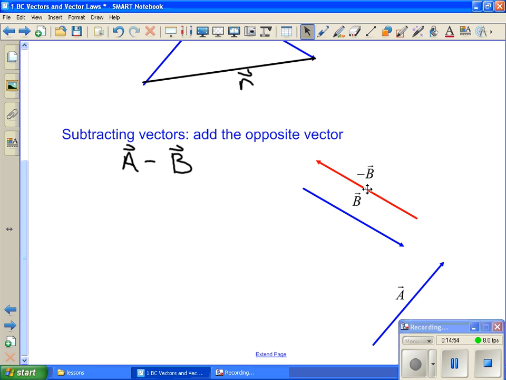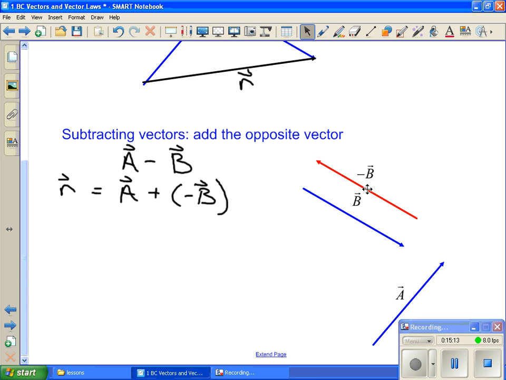And if I'm doing A minus B, that's the same as vector A plus minus vector B. So that's going to be our resultant.